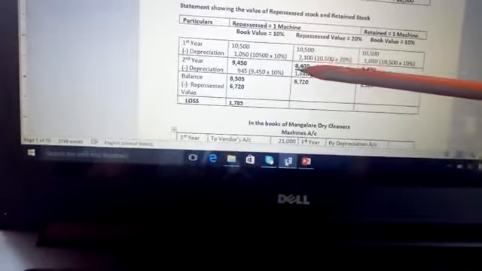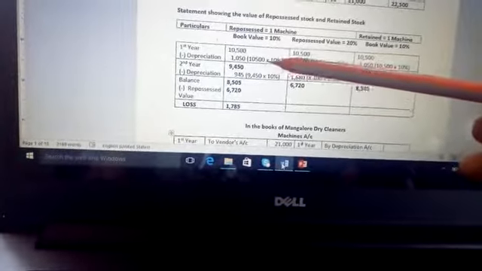You know, the default is effected in the second year. So therefore, we have to charge the depreciation till the year of default. We have to charge the depreciation for first year and second year. The balance after deducting the depreciation for the second year is 8,505.